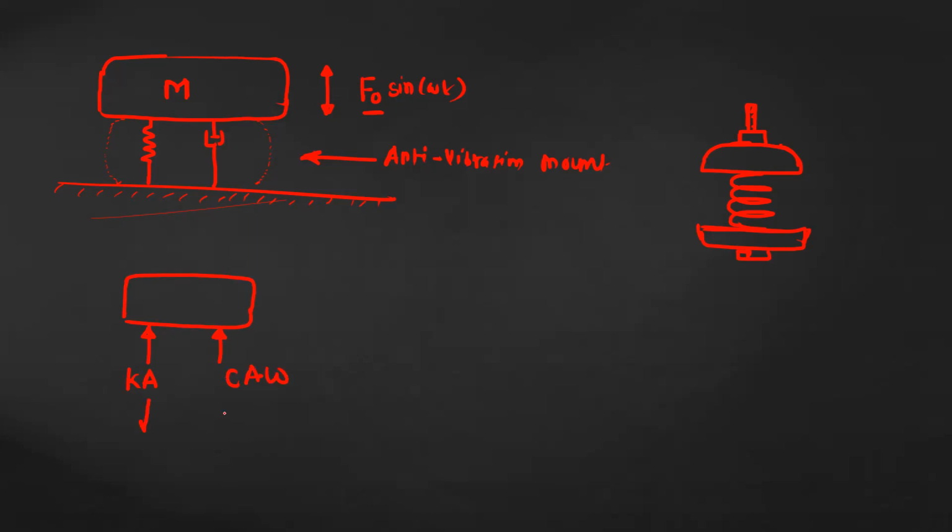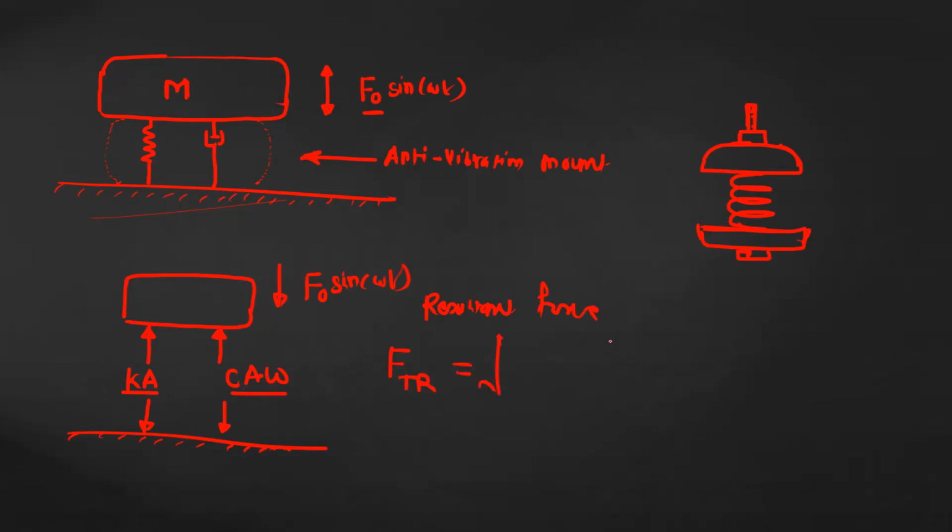So these forces are transmitted directly to the foundation because of the impressed force, that is F0 sine omega t. The resultant force because of Ka and Ca omega, we represent as FTR, the force transmitted.